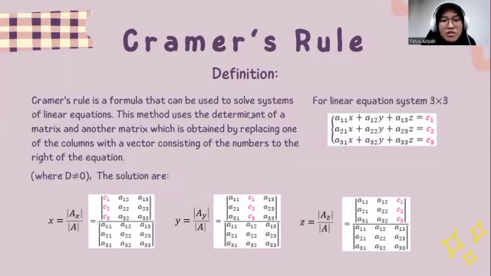So if we want to find the solution set of a linear equation system, we have to find the determinant of the coefficient matrix first. Then if the determinant of the coefficient matrix is not equal to 0, we can use Cramer's rule to find the solution set.